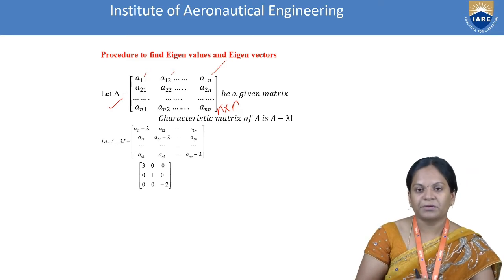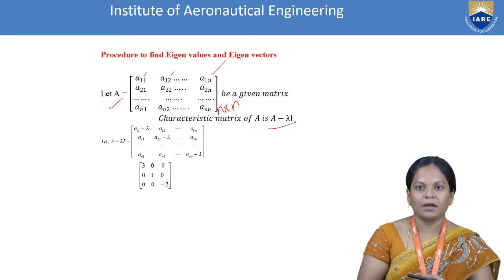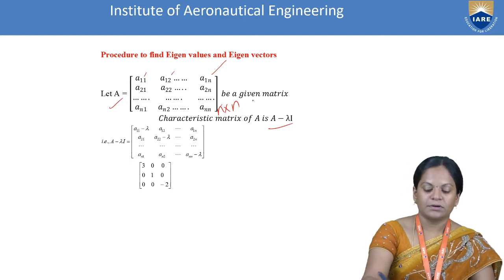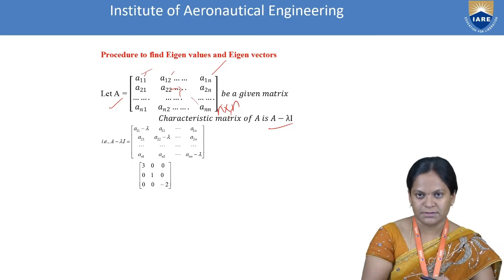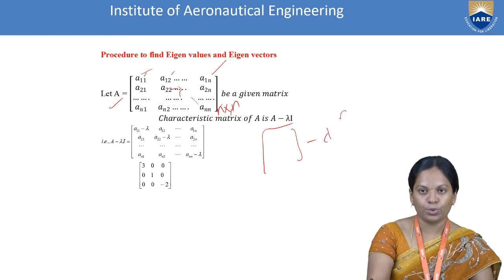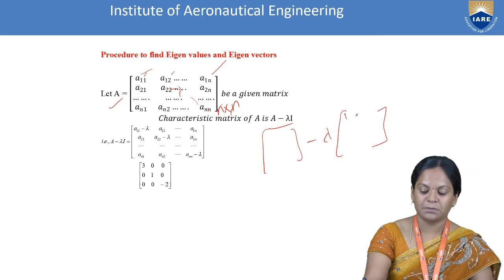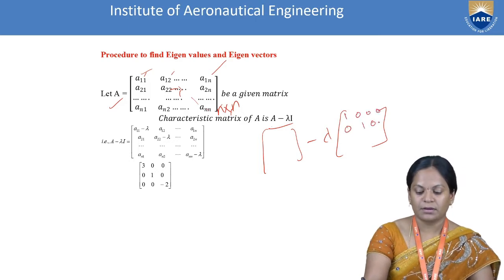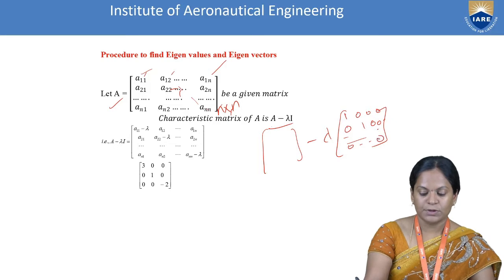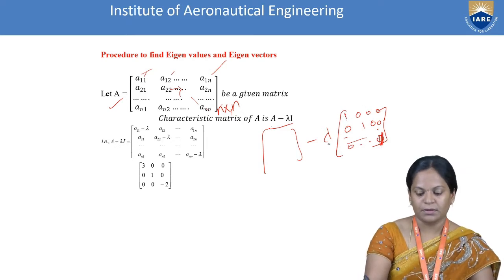The characteristic matrix is A minus lambda I. Here A is the given matrix minus lambda times I, where I is the identity matrix, which has only diagonal entries and the remaining are all zeros. So we take minus lambda only for the diagonal elements.